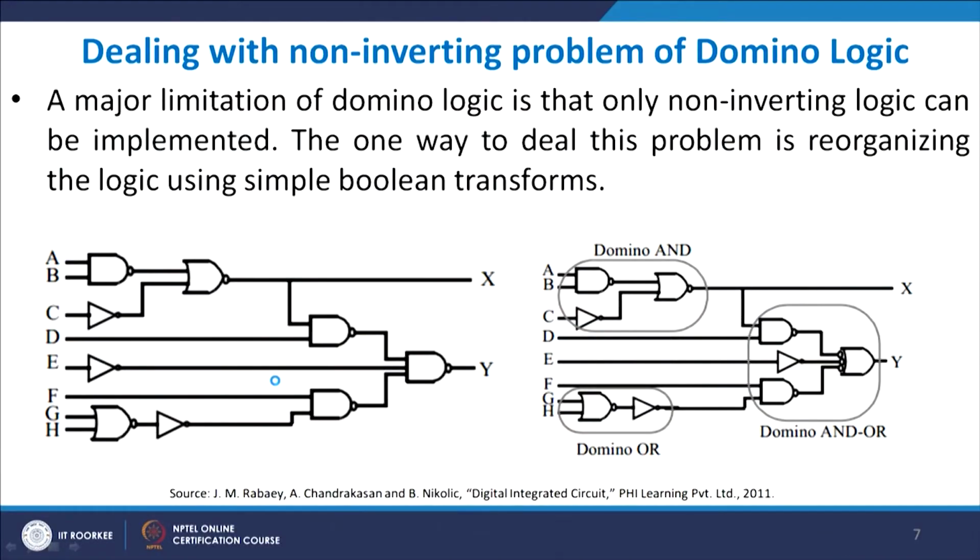For example, let us suppose you have this big circuitry with reconvergent fan out coming here, and the final values are x and y, where x can be given by a, b, c, and y will be a function of all a, b, c, d, e, f, g and h. Now, this whole thing is basically a domino logic. I can therefore convert this into a domino logic.